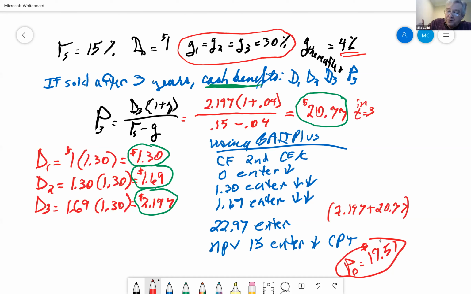So our cash benefits would be 3 years worth of dividends plus that selling price. Because all of this produces uneven cash flows, we have to use the CF key of our calculator.